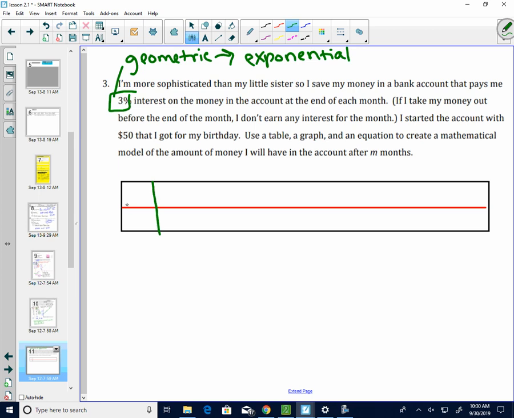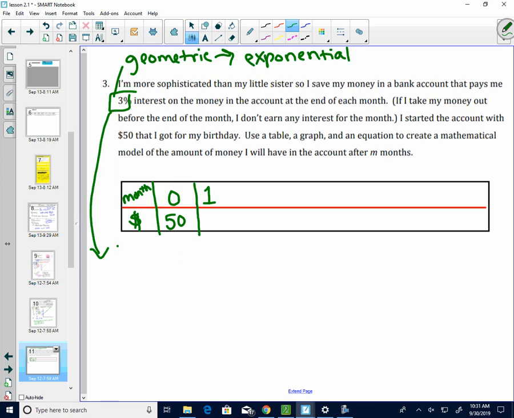So again, time is going to be our independent, and money is going to be our dependent. So at 0 months, she started with $50. So after 1 month, we've got to figure out how much money she has in this bank account. Well, remember, when we see interest, we know it's either going to grow or be smaller.